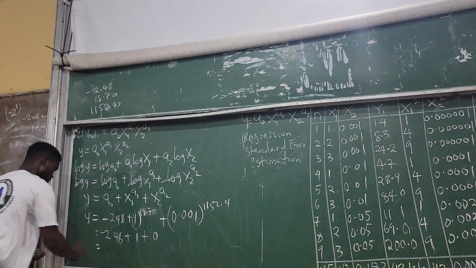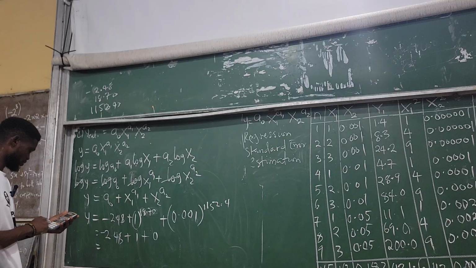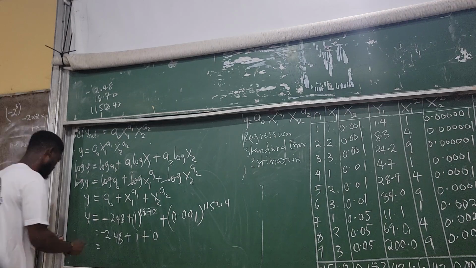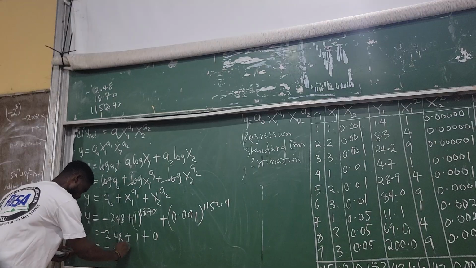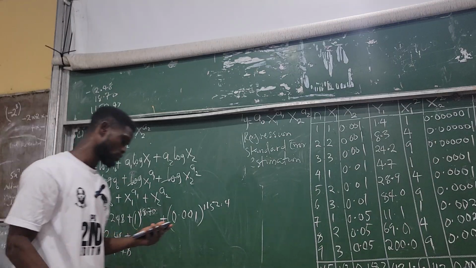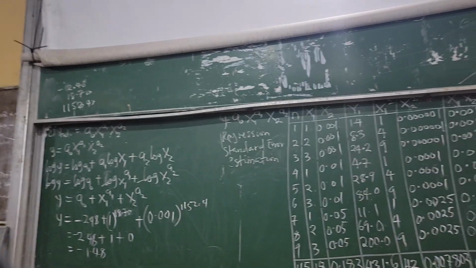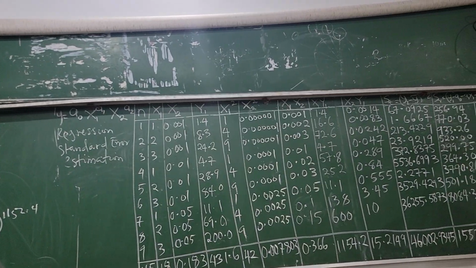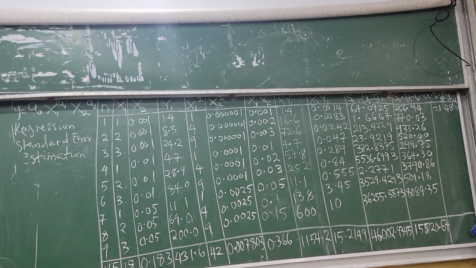So everything will be minus 2.48 plus 1 plus 0. So we are having minus 1.48. So here we have minus 1.48. Also we are going to do it till we finish everything.